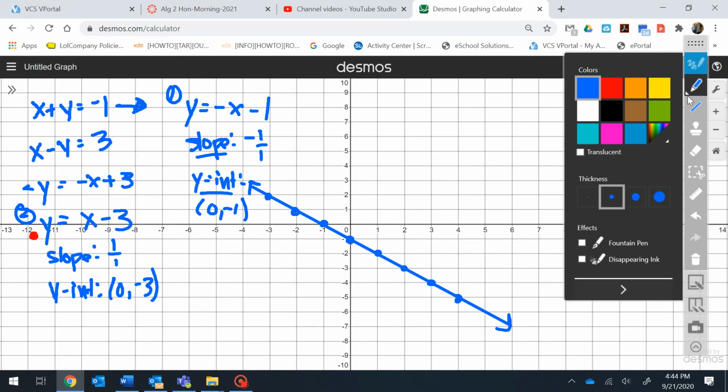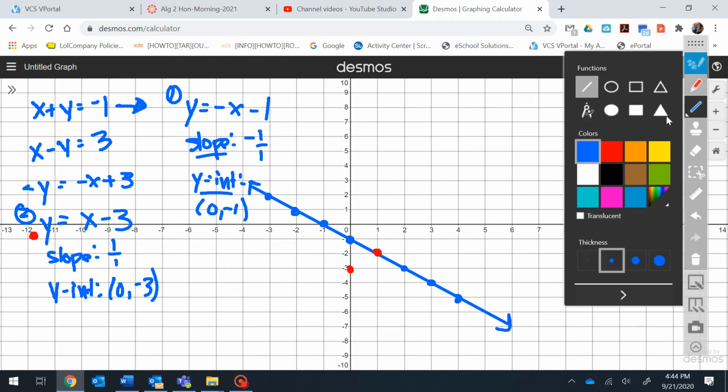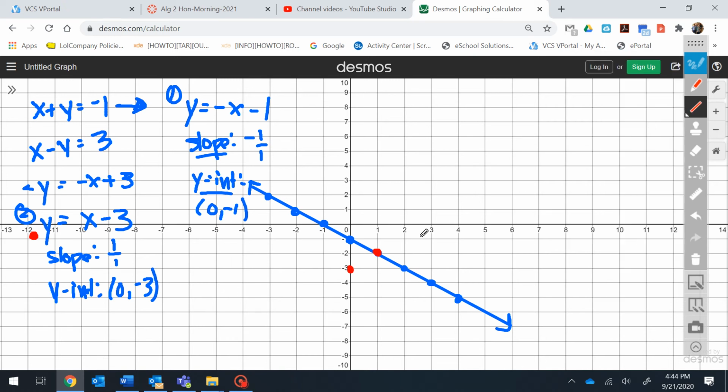So there's the first one. Let me graph the second line in red. So I got (0, -3). It's a positive slope of 1. So up 1/1. And it looks like I already found the solution here. I only had to graph one point.